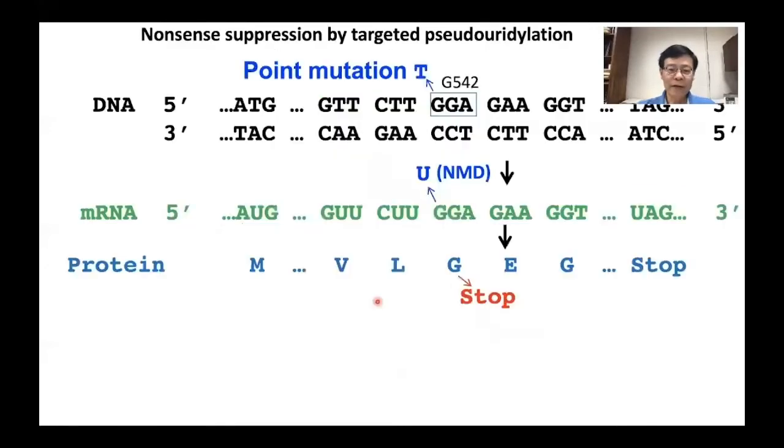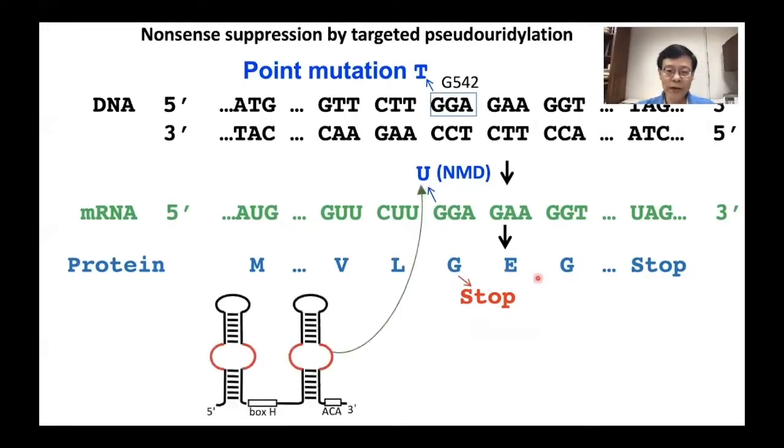Okay, now as a conclusion, I'll come back to this slide again. This is the nonsense mutation introduced into this CFTR gene. As you can see, NMD is activated and the translation stopped here, so you don't have any full-length protein produced.